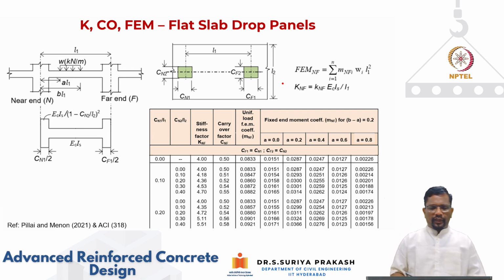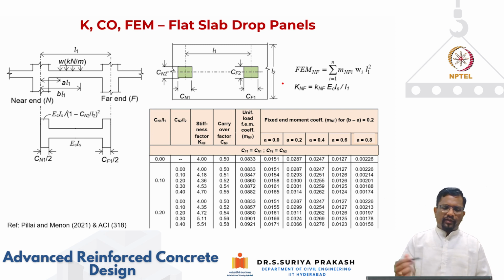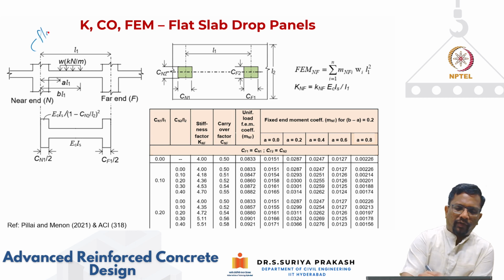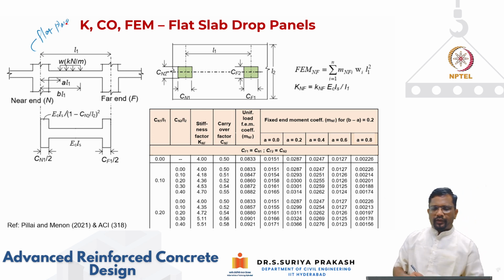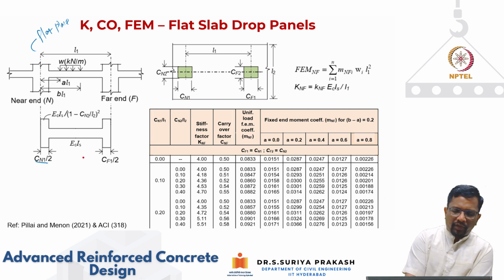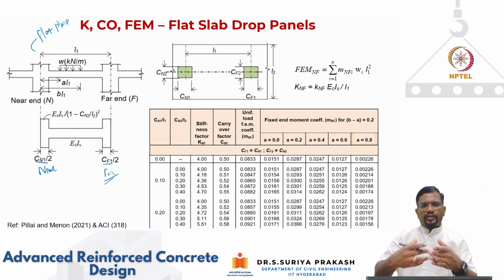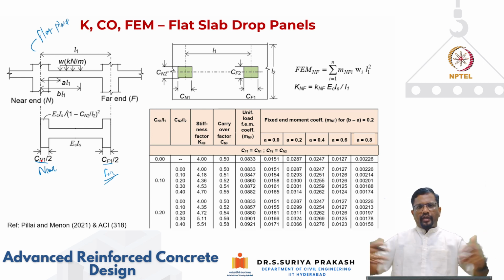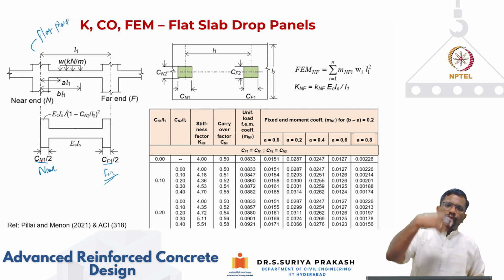So you can see here, you can have different conditions like this. This is a case that we are looking at for a flat plate, right, without any drop panel. In this case, CN1 and CF1, this is the near end, and this is the far end, and 1 always indicates the direction where we are calculating the moments, and 2 is the transverse direction.